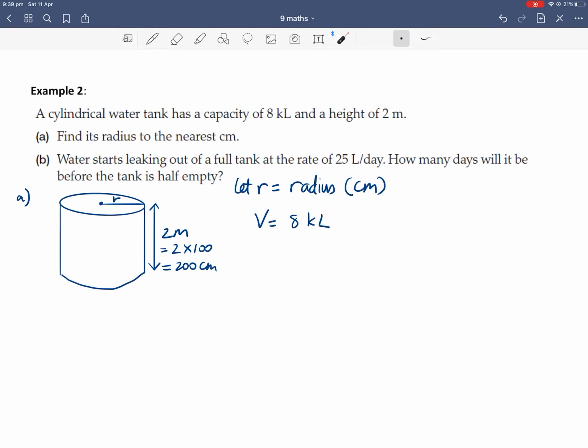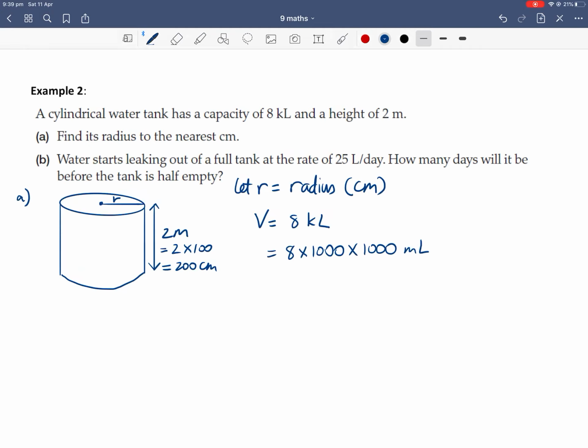the relationship between capacity and volume, or one of them, is 1 centimeter cubed is 1 milliliter. So if I can convert this kiloliter to milliliter, then I could convert it to centimeters cubed. So let's do that. So 8, there's 1,000 liters in a kiloliter, and then there's 1,000 milliliters in a liter.